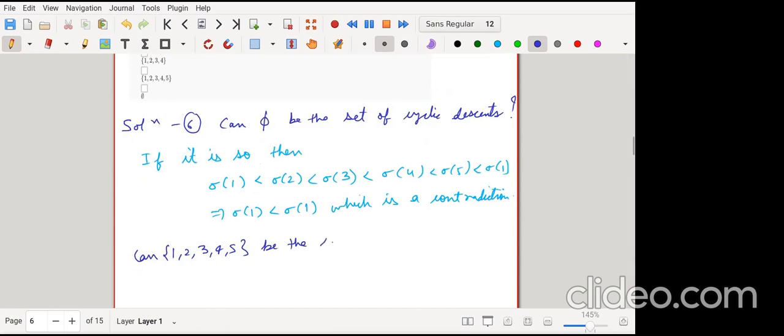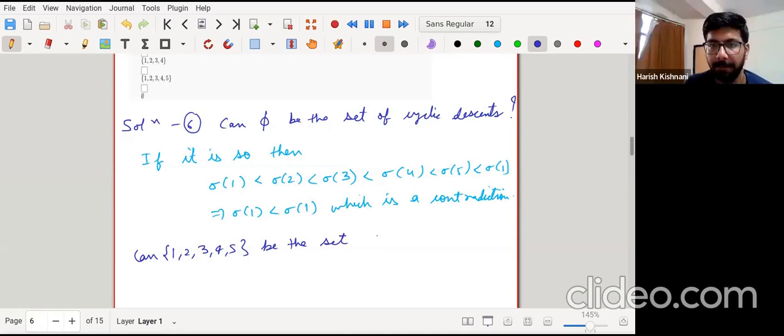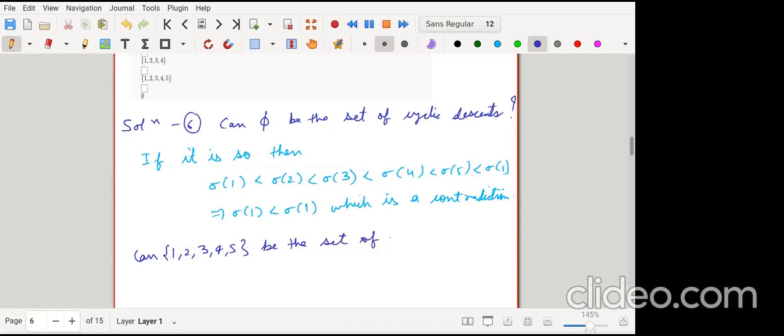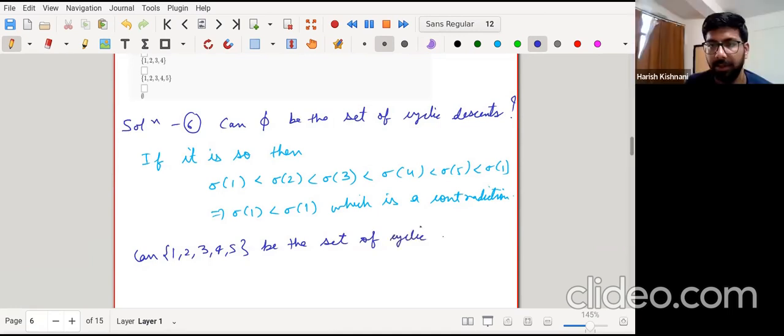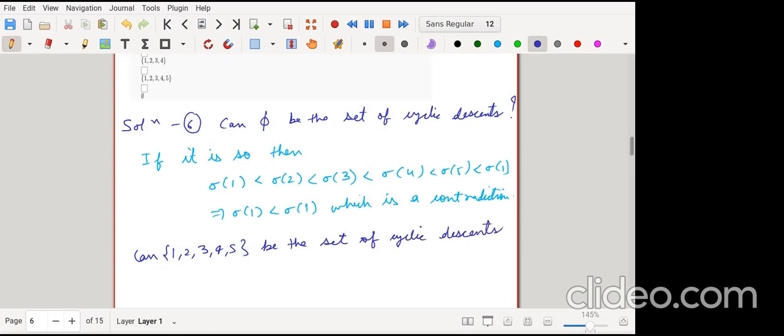No. Why? Because we'll get something like sigma 1 is greater than sigma 1. Yes, this. Very good. Same contradiction. Yes, so we can't get it.